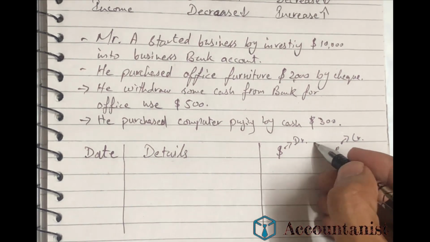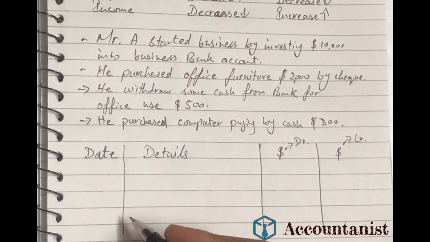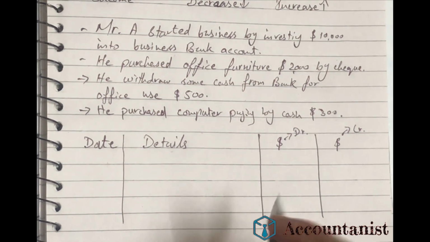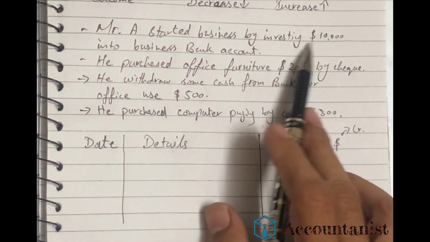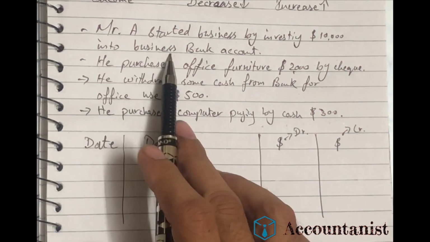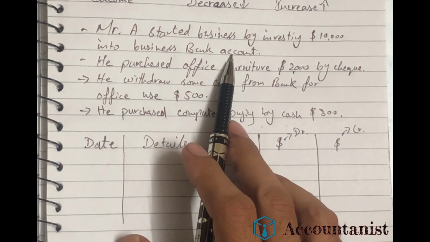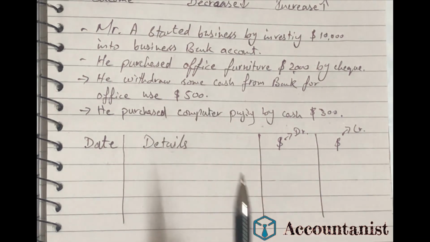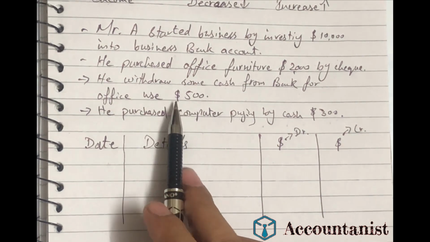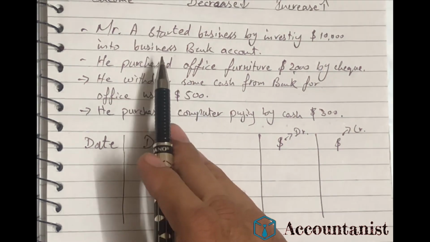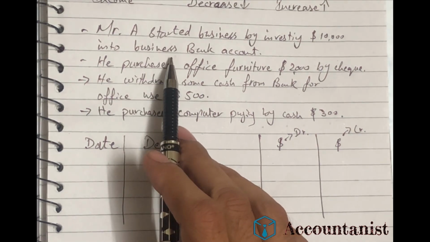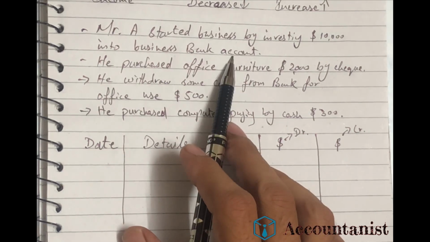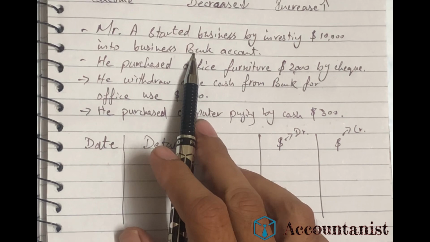So let's record the first transaction. The first transaction was Mr. A started business by investing $10,000 into business bank account. So we need to find the two effects, as the double entry is based on that every single transaction has two effects. So one effect is the bank account. The bank is an asset.